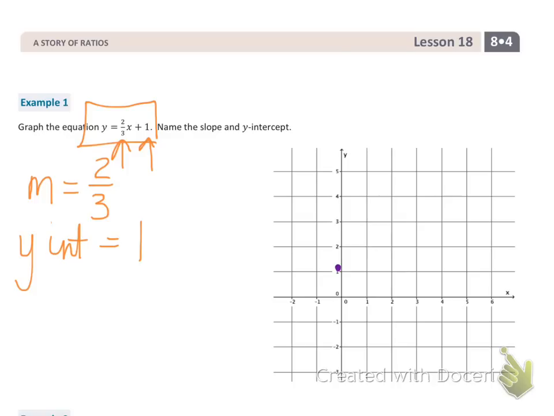So remember, this slope is equal to that ratio of the change in y over the change in x.